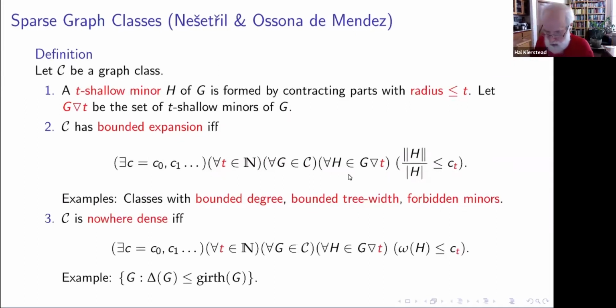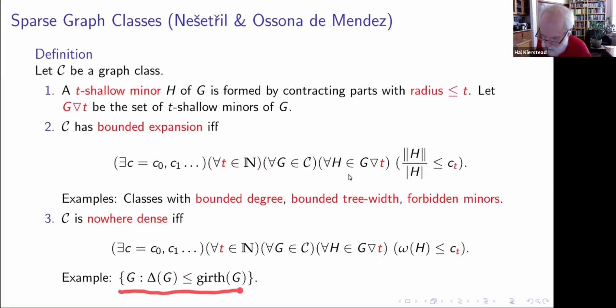a more general definition has the same form, except with the thing that you're bounding is not the edge density of the minor, but the clique size. Clearly, everything that has bounded expansion is nowhere dense.